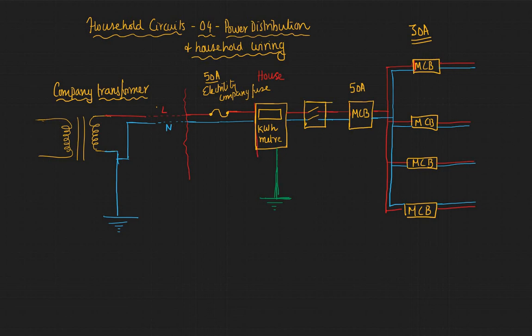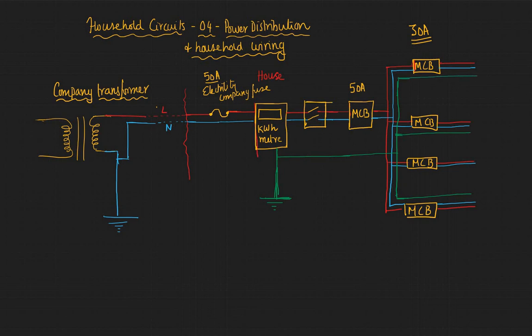And we do the same thing with the earth. The earth wire is also carried inside, but the earth doesn't need to go through the MCB. In some cases it will go through the MCB, but here it doesn't.